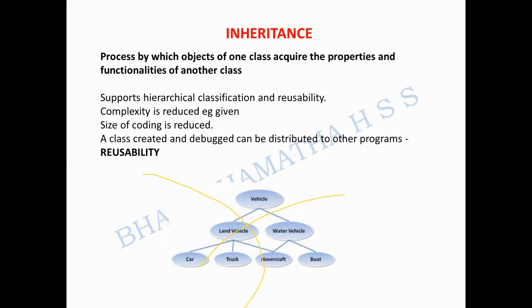We will move on to the subclass. Like that you can keep splitting. Whatever things are present in your base class are also available in your subclass. Whatever contents or characteristics are available in your base class are available in your subclasses also.